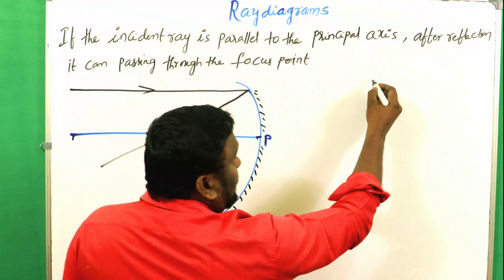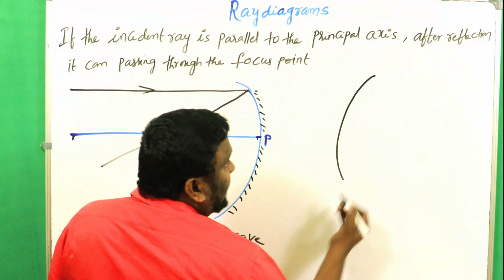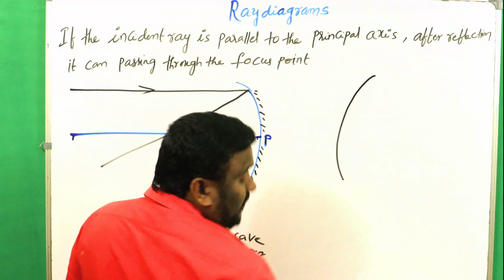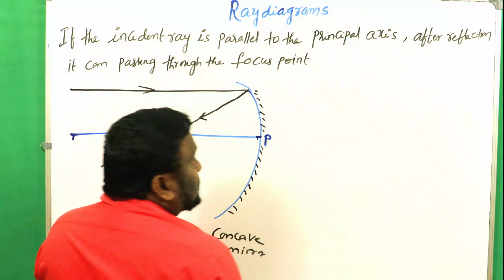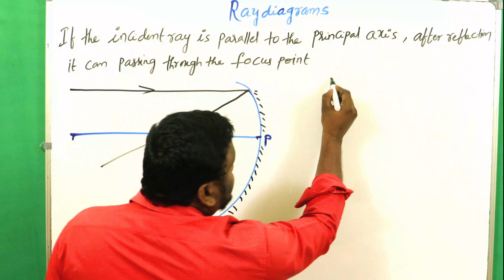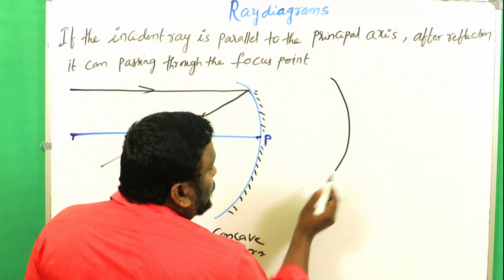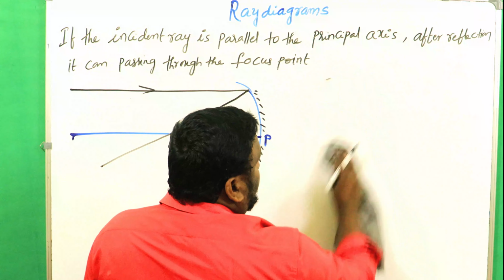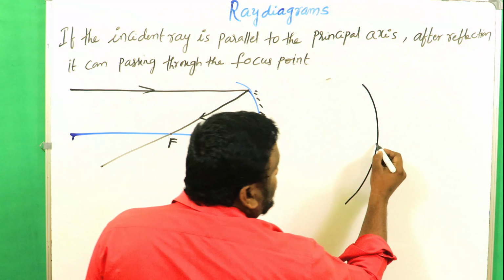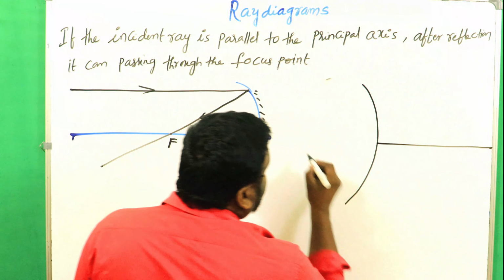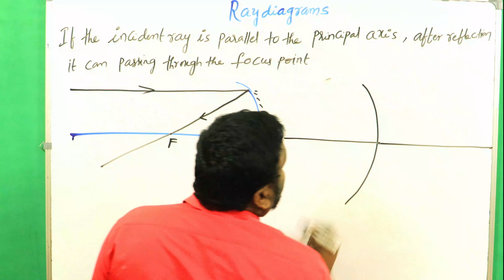And in the case of the convex mirror, how can we draw this? Let's see. We need some space, that's why I am drawing like this. This is the convex mirror and this is the principal axis. Clear?